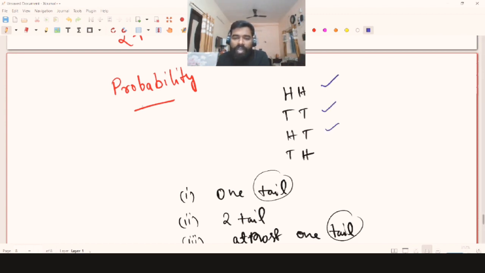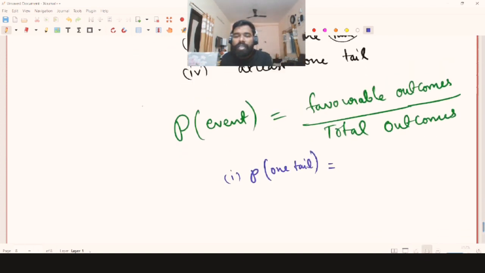One tail you're getting in this and this, isn't it? Here you have two tails, here you have no tail. So the favorable cases to us are these two. So I'll write 2 in the numerator, and in the denominator I'll write 4, because we have 4 total outcomes. So the answer is 1 by 2.